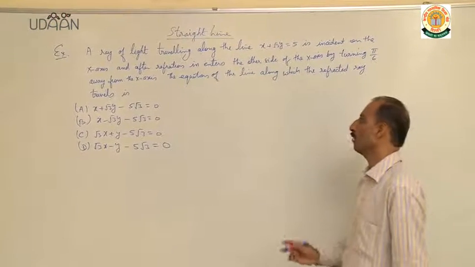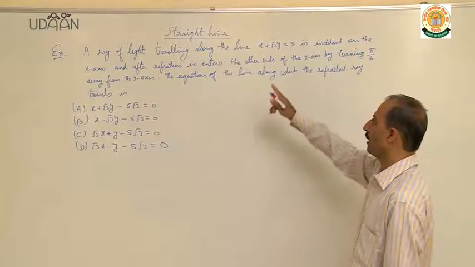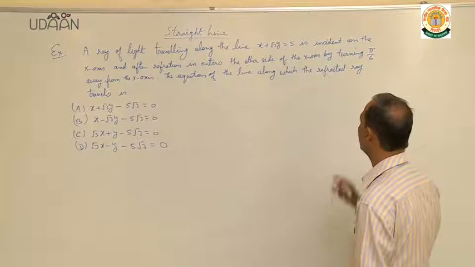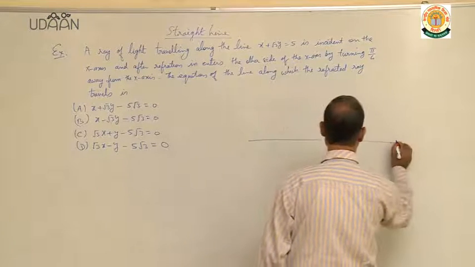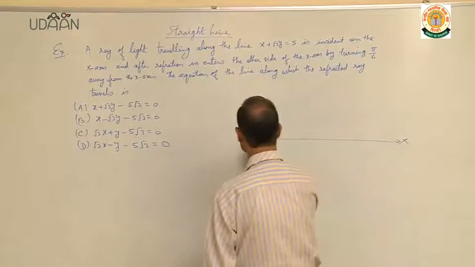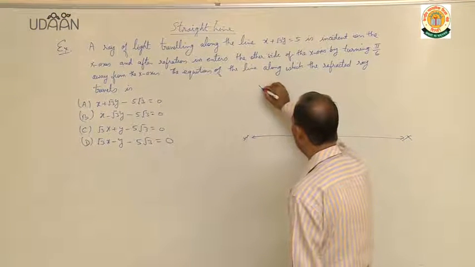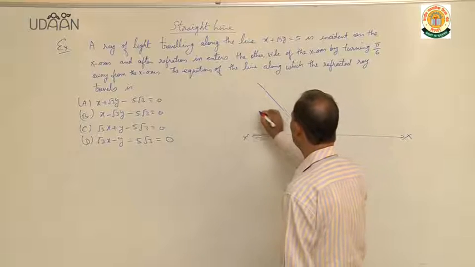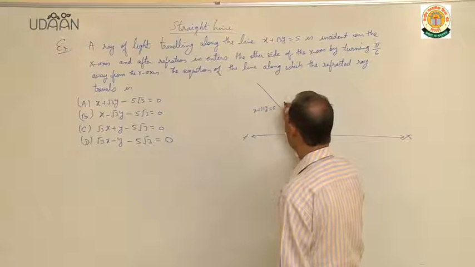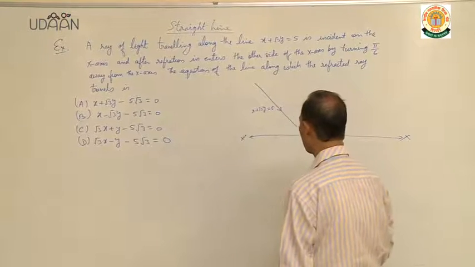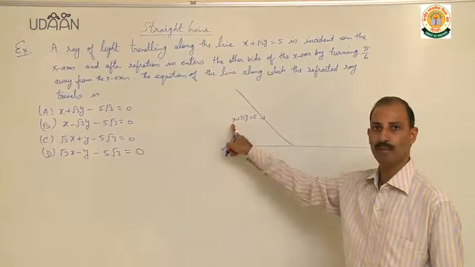Okay. Now start the solution. A ray of light traveling along the line is incident on the x-axis. Say this is the x-axis. The ray is coming along the line x plus root 3y is equal to 5. This is the incident ray. Now easily you can find the slope of this line.